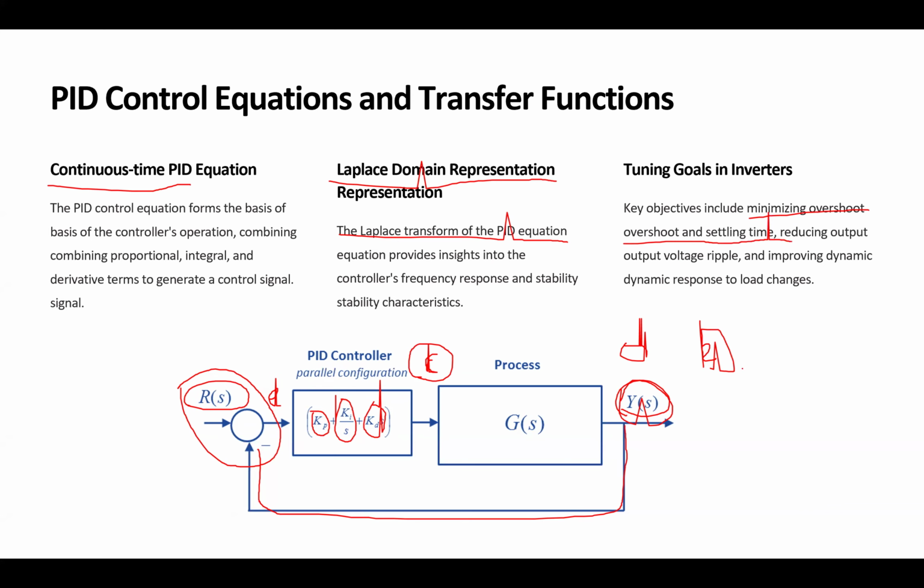By tuning, I mean changing Kp, Ki, and Kd, continuously or stepwise, to make this feedback loop more accurate with less overcorrection from overshooting, the overcorrection situation I mentioned in the previous slide, and with optimum settling time, so the fastest possible settling time to get to the desired point.